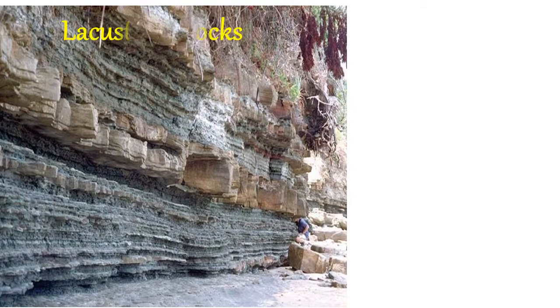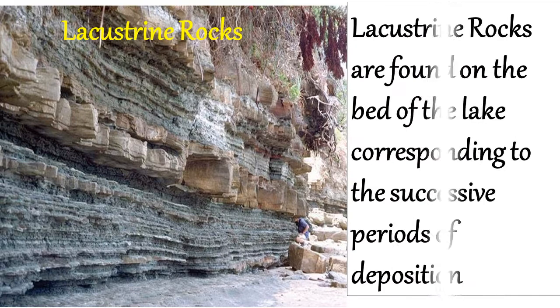Next is lacustrine rocks. Lacustrine rocks are formed on the bed of the lake corresponding to the successive periods of deposition. That means these rocks are formed due to deposition and consolidation of sediments in the lake environment. Mostly the sediments are deposited on the floor of the lakes.